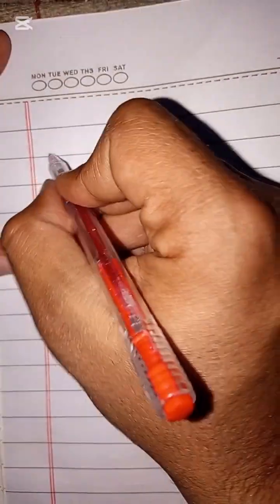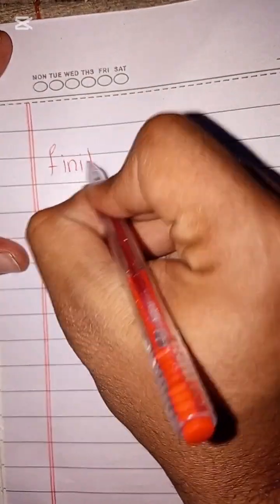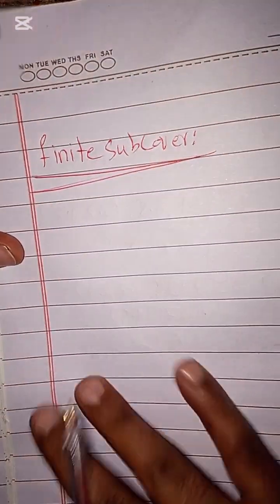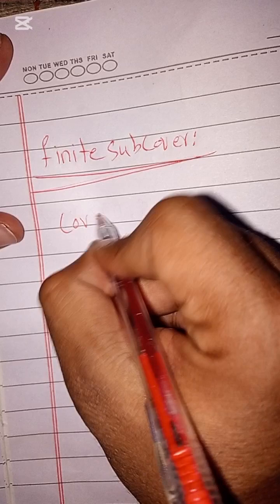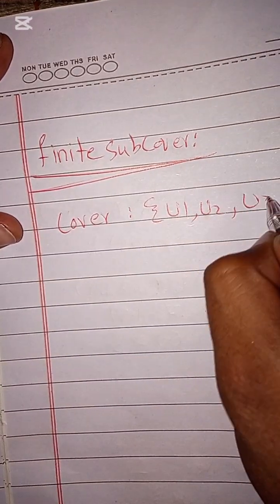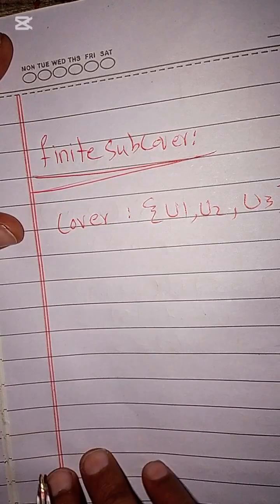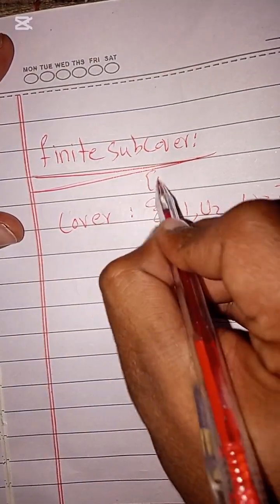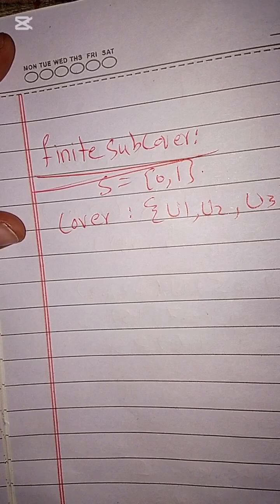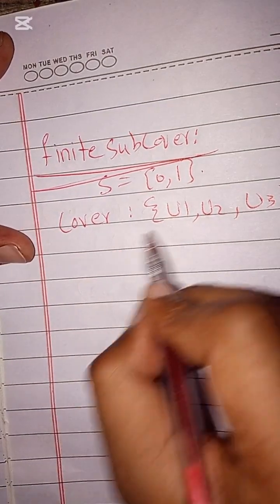So let's define finite subcover. Basically we have recently defined the cover, which were u1, u2, u3. If we have an interval, for example 0 comma 1, this is equal to S. Then covers are like that.